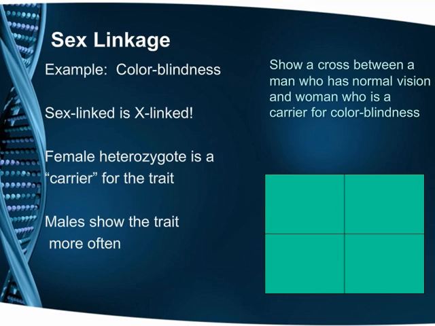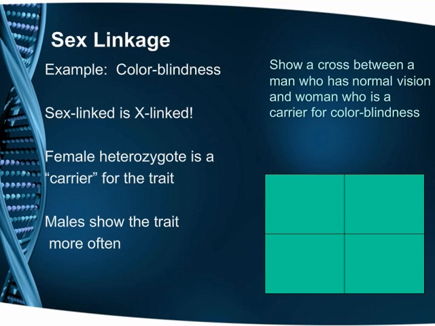When we have a female who is heterozygous for a trait, she is said to be a carrier because although she doesn't have that particular trait, she could pass it on to her offspring. Because males only have one X chromosome, they show the trait more often. Make sure you have all of those blanks filled in.